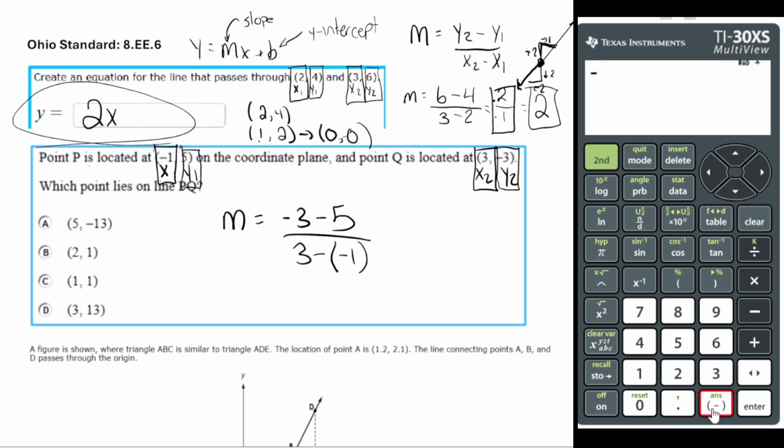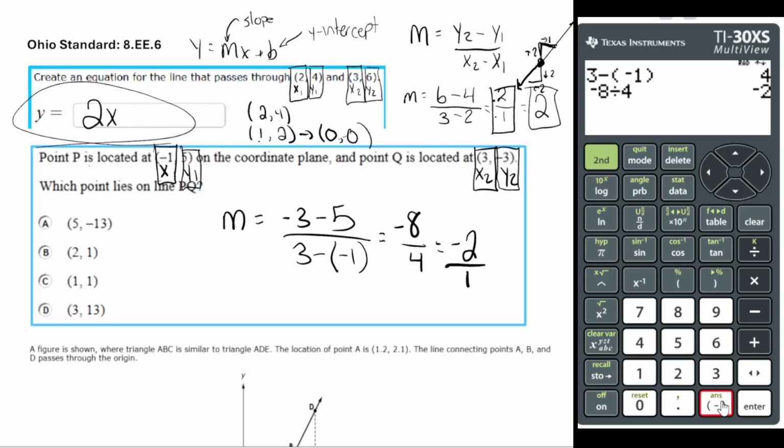Negative 3 minus 5 gives us negative 8. 3 minus parentheses negative 1 gives us 4. Negative 8 divided by 4 is negative 2. Okay, so our slope is negative 2, or negative 2 over 1.